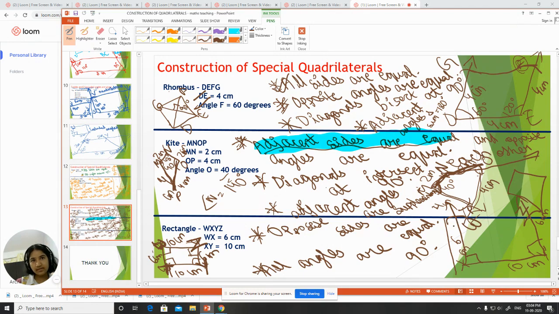This will be Z. Then we can just join this line, and you will see that this is our rectangle. You can see, just a simple logic and we can draw a rectangle.